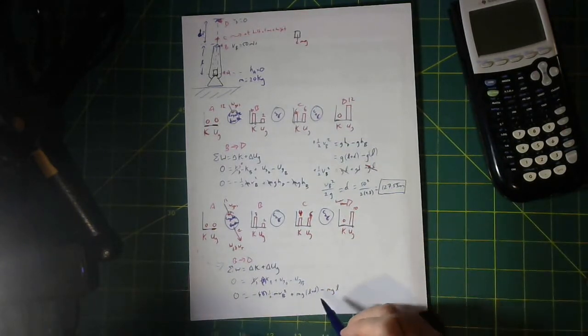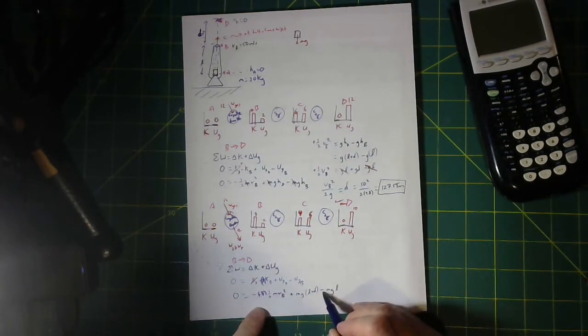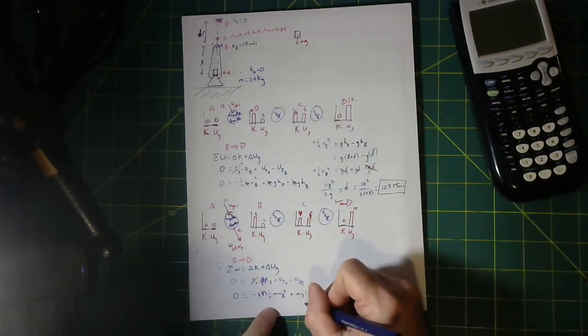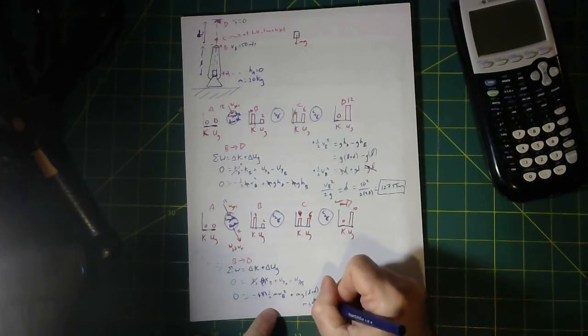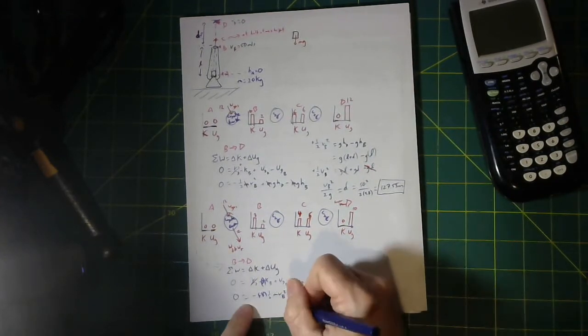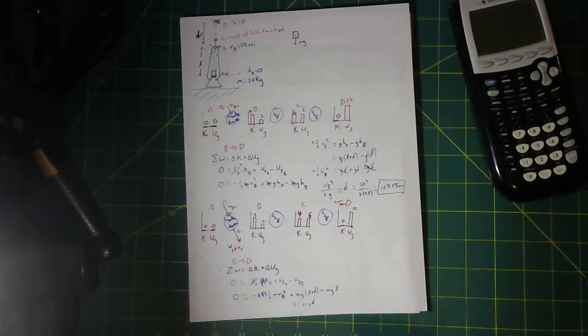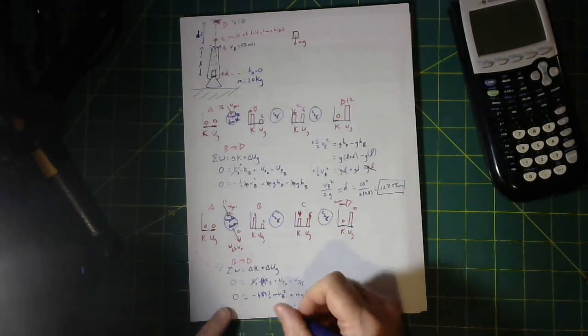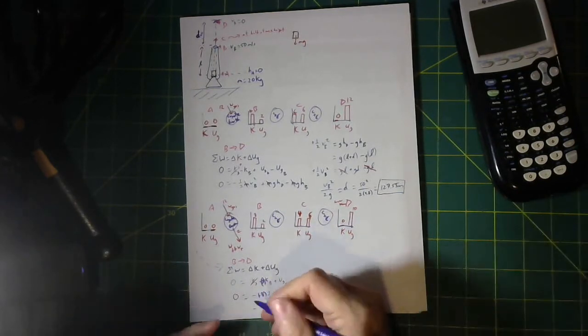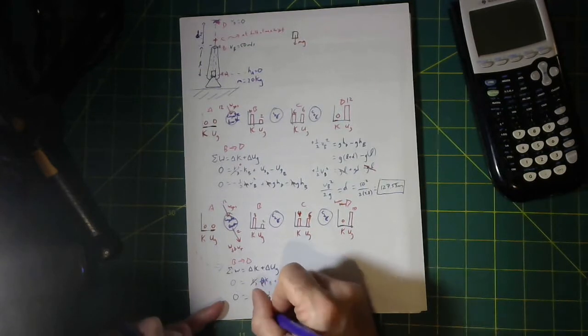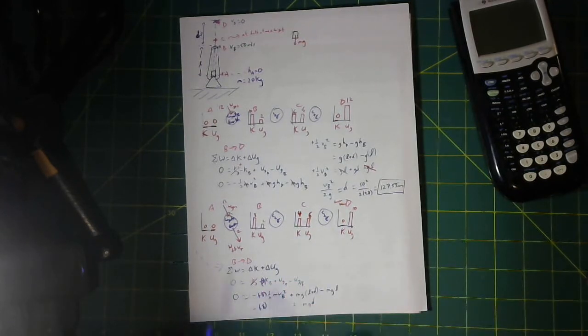Again, this mgL and this minus mgL will cancel each other out. So I'm just going to get mgD. And I'll have this minus 0.8 times 1/2 mvB squared.